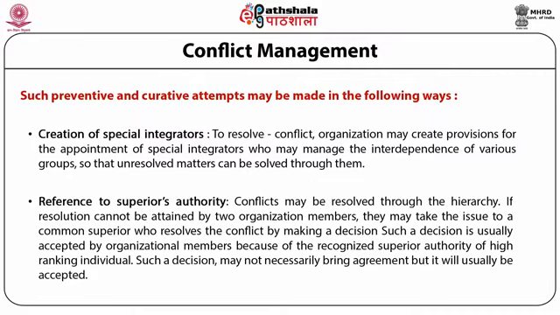Such a decision is usually accepted by organizational members because of the authority of high-ranking individuals. Such a decision may not necessarily bring agreement, but it will usually be accepted.